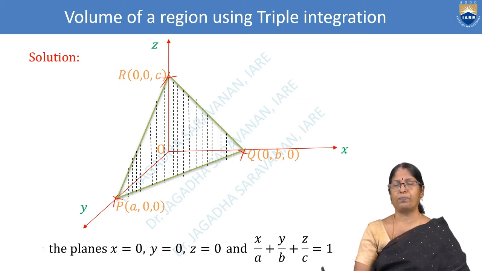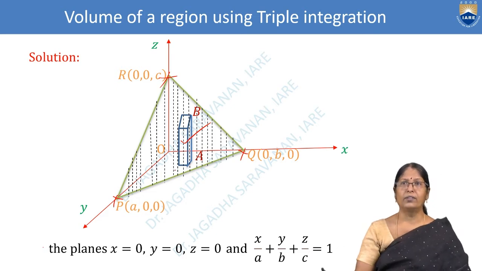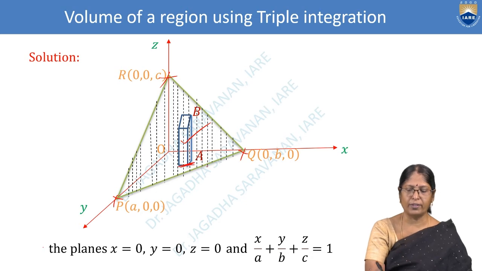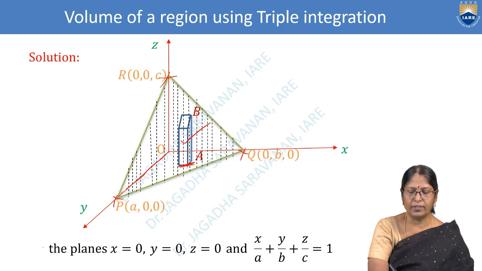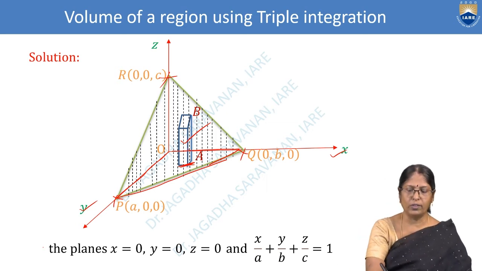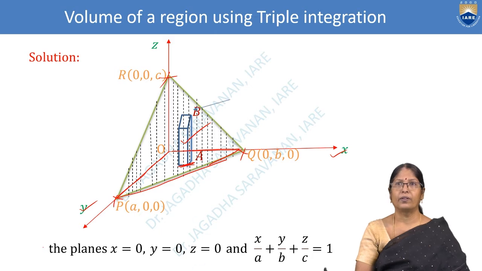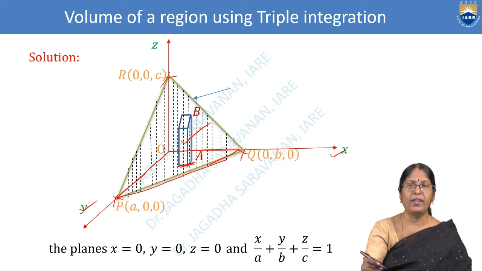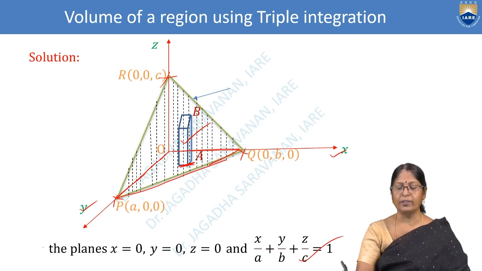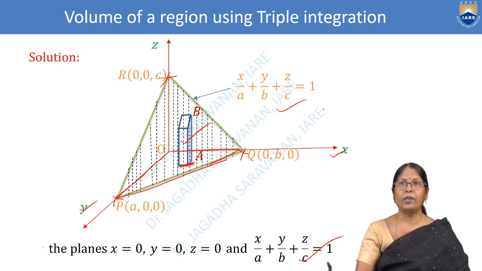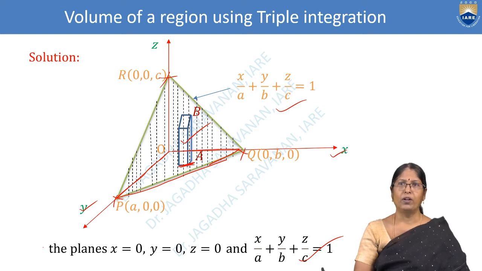We are going to take a strip, here A and B. This is in three dimensions; the surface is in the xy plane, the region formed by the x-axis and y-axis. This is the vertical strip we have taken, starting in the xy plane and ending at the plane x by a plus y by b plus z by c equal to 1.